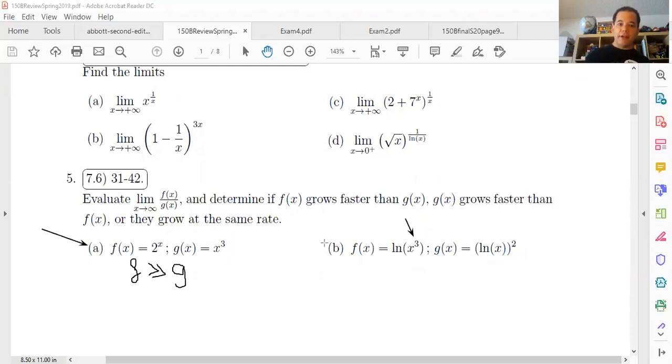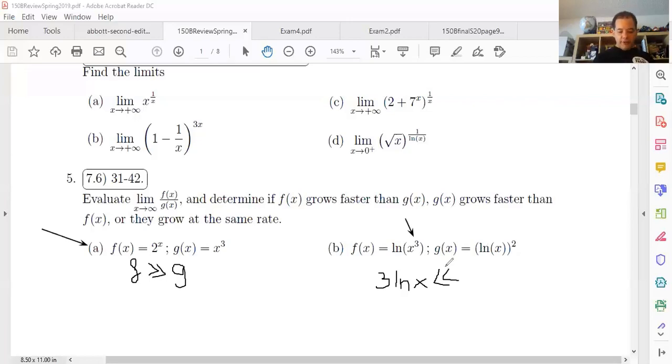So this f1 is actually the same as 3 ln x. And that one is ln of x squared. So which one wins? If you change the ln x to a variable, it's like comparing y squared with 3y. And the higher exponent wins, right? So in this case, it's also like this, less than this one over here, all right?